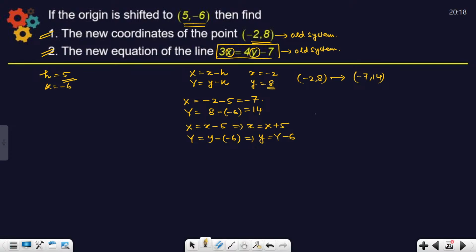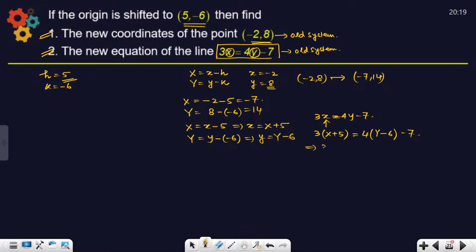So now the old system, the equation is this. So simply replace this x by capital X plus 5 and replace this small y with capital Y minus 6 minus 7.